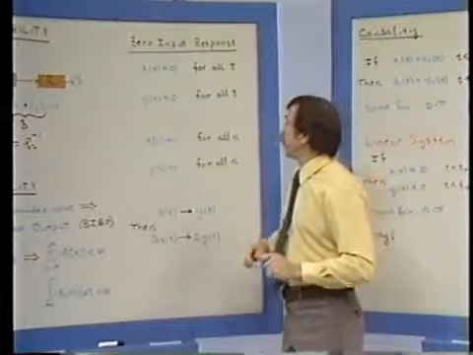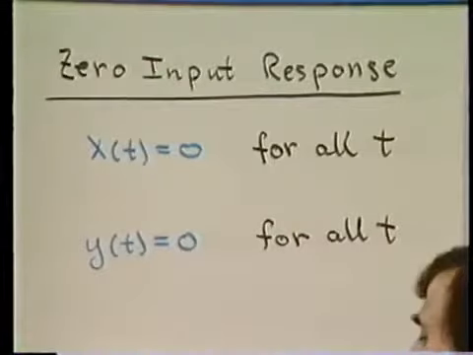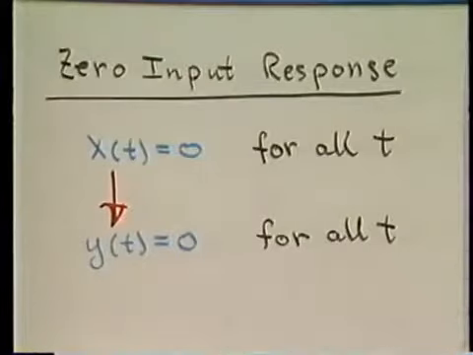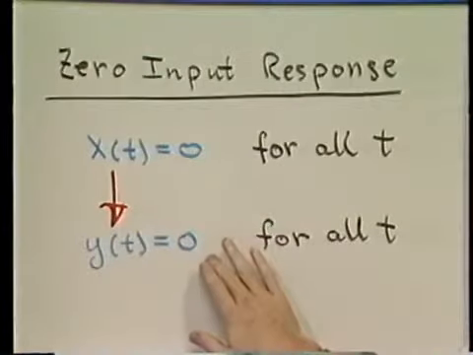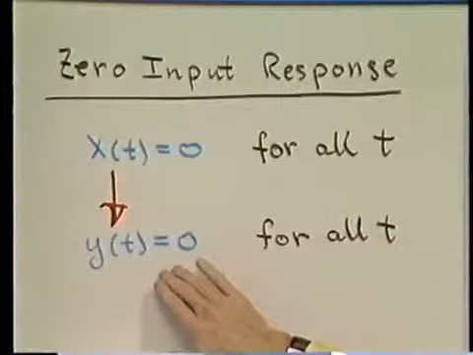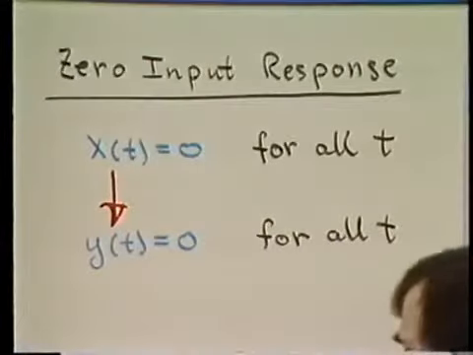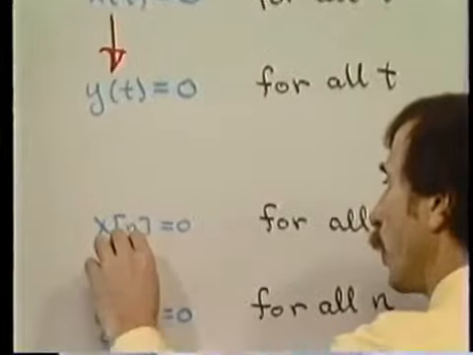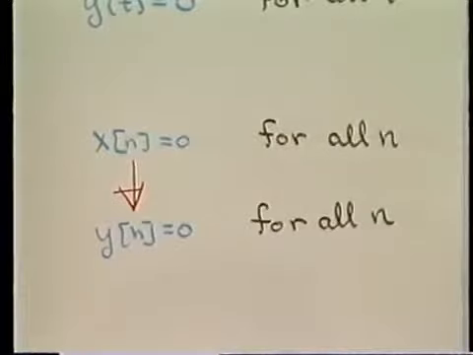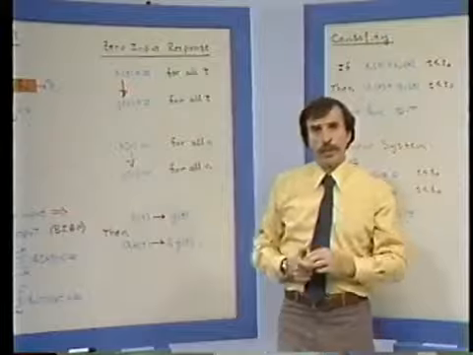So if we have an input, x of t, which is 0 for all t, and the output of that system is y of t, then if the input is 0 for all time, the output likewise is 0 for all time. That's true for continuous time, and it's also true for discrete time. To show that result is pretty much straightforward.